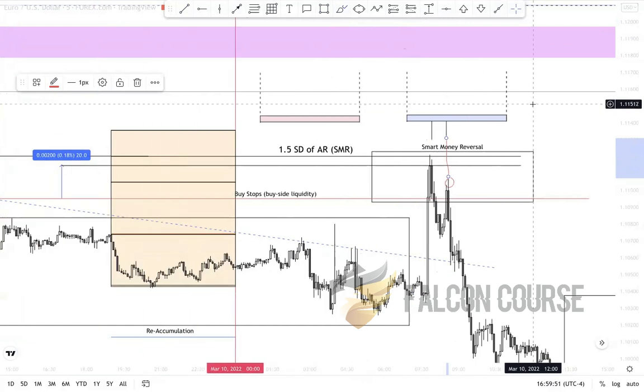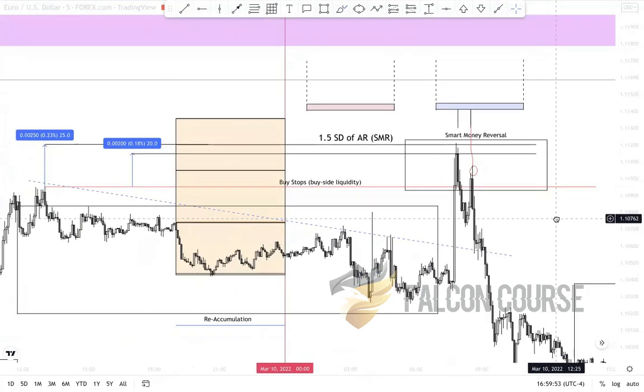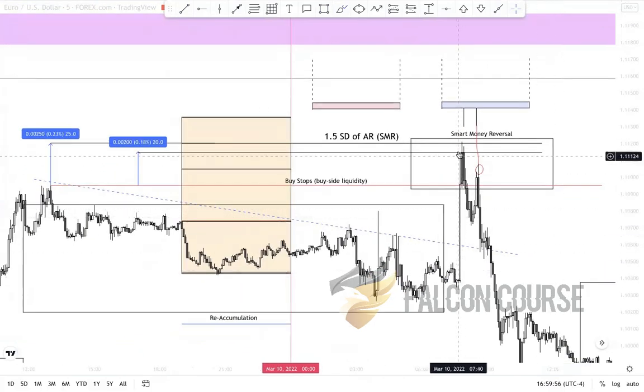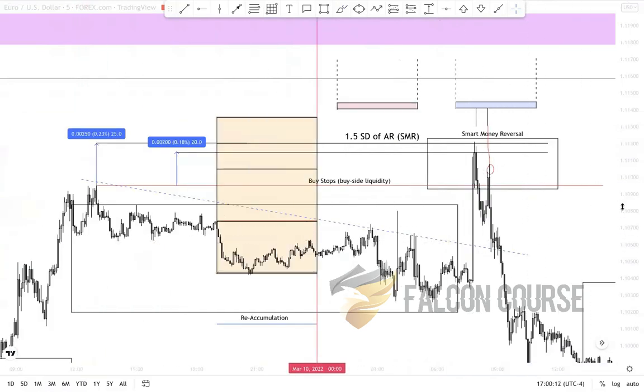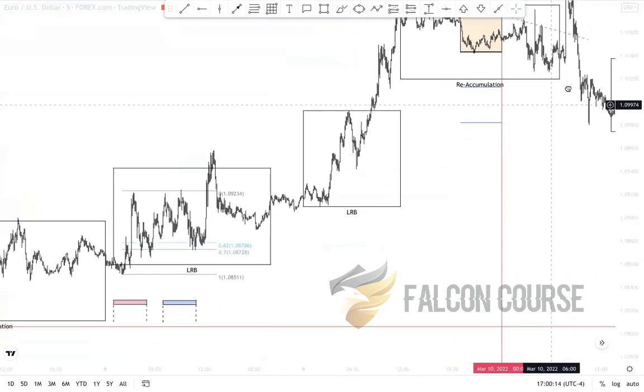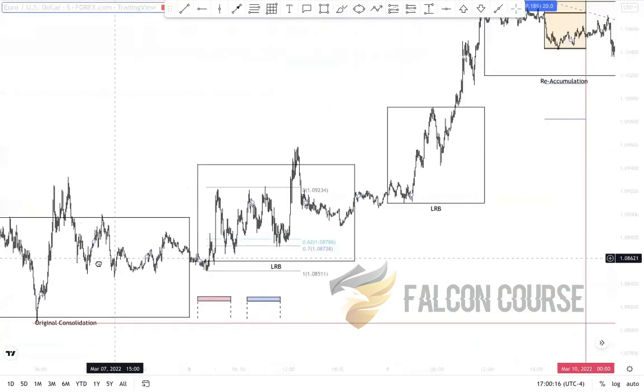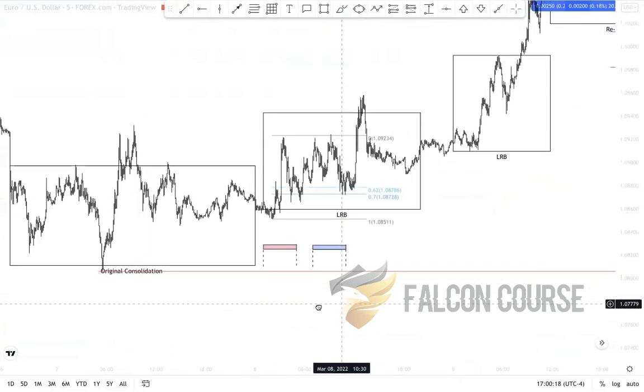So we even narrowed it down. So after you've seen all this, you've seen the impulsive, you've seen the market take out the trendline liquidity. We had the buy stops, the 20, 25 pip sweep was aligning with 1.5 standard deviation of the range. And obviously, we had all this consolidation down here, which the market will take out.